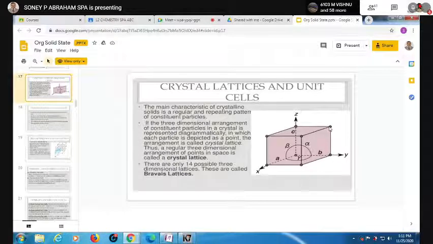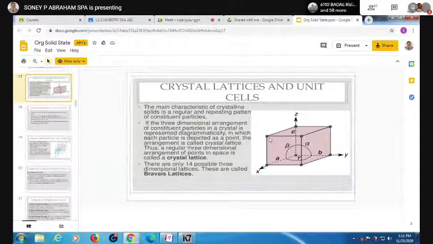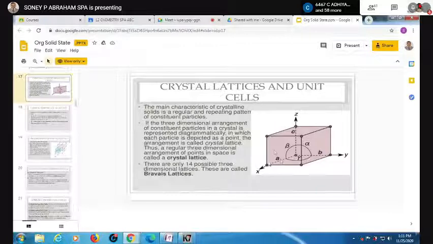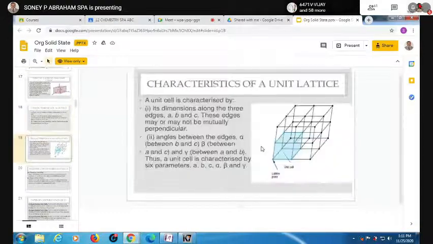All these corners are shared by 8 more. So each atom will contribute only 1 by 8 towards this unit cell. Am I right? And since you are having such 8 positions, it will be 8 into 1 by 8, which is equal to 1. Understood? Yes, sir.